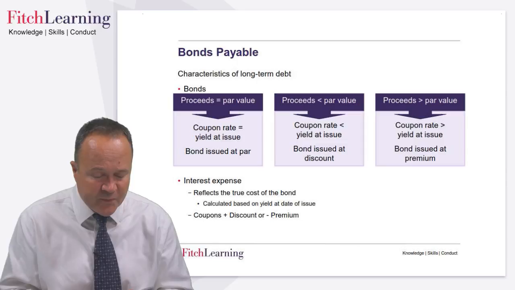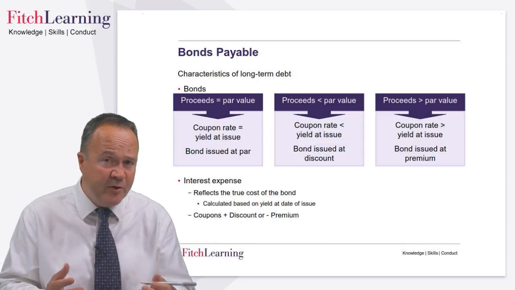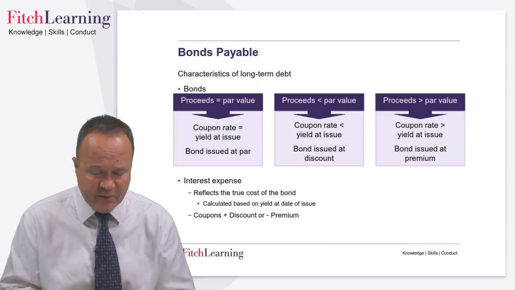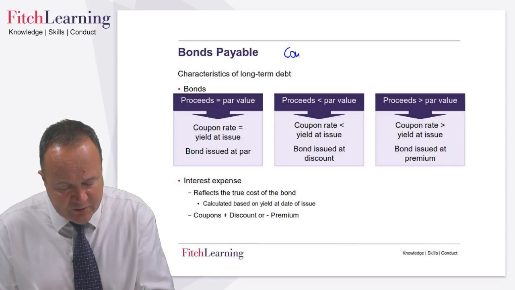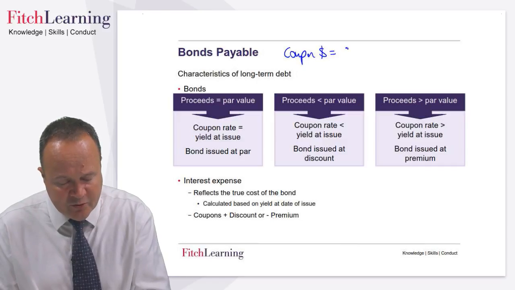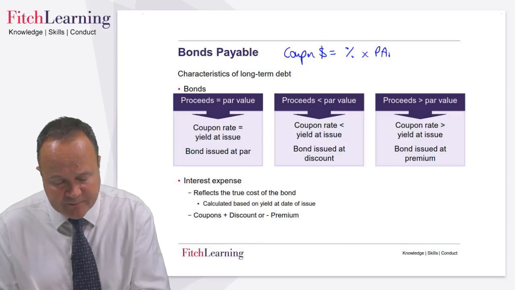So the income, which is known as the coupon, is a fixed cash flow. Now, in terms of dollars, the actual amount that you get in dollars will be based on the coupon rate times the par value.